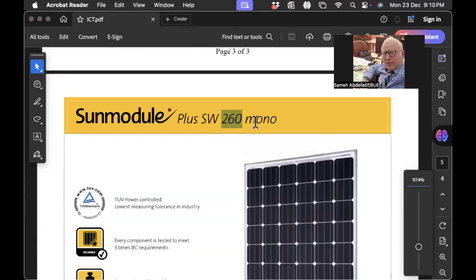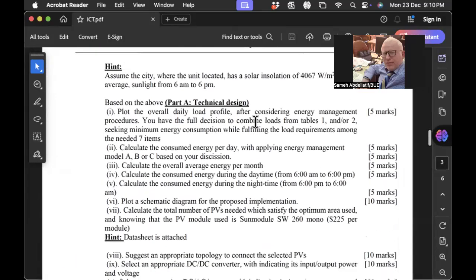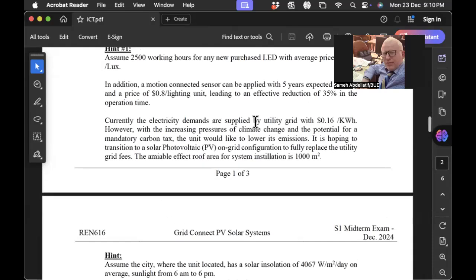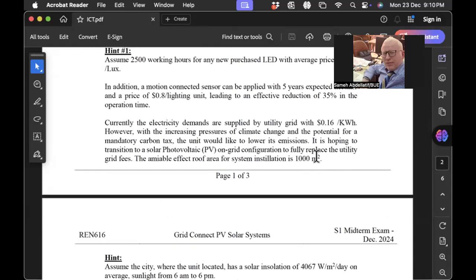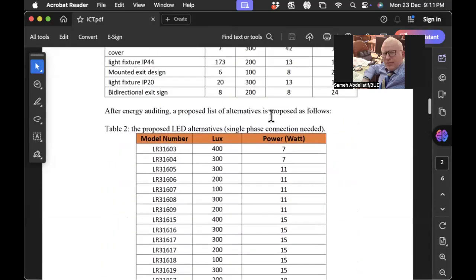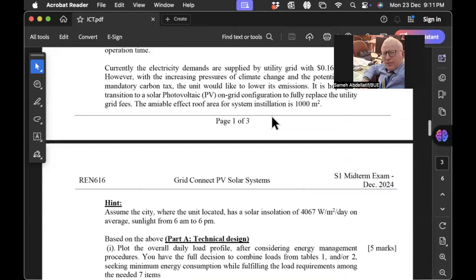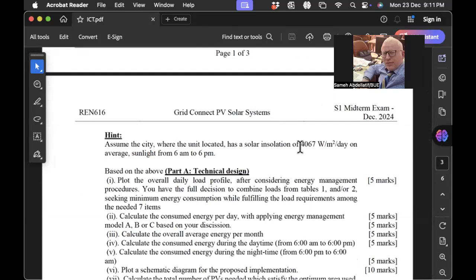If you go back to the question, you will find the area mentioned somewhere here. We are going to use it in the next step also. And I think we have the irradiance given. Yes, this is the typical average irradiance, which is 4,067 watt per meter squared per day on average.